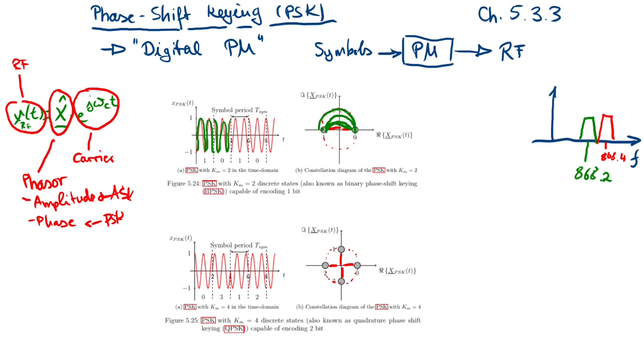And now if you want to transmit more data but don't want to add more discrete states, then the transmission bandwidth would be enlarged. And here you see that this enlargement would disturb the other user. So the other user must be shifted away, but the frequency bands are a sparse resource.